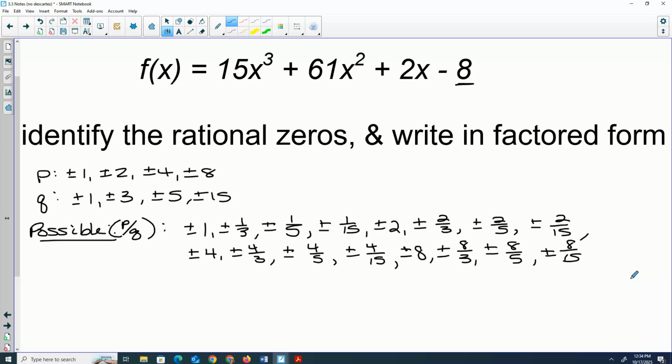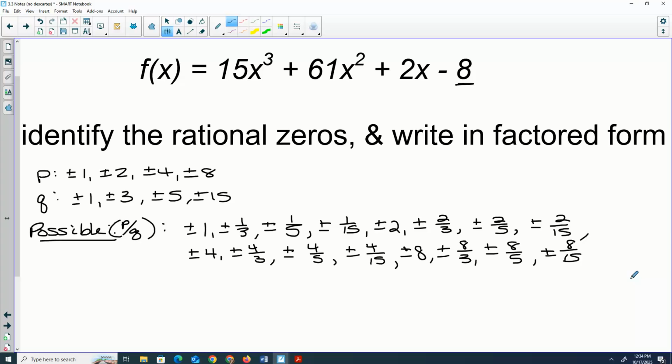Do you think we're going to have a positive or a negative zero? Probably a negative one. If all of our signs are positive, we probably are going to have to plug in a negative number to get a 0 somewhere. Does that mean a positive 1 won't work? No. But if I'm trying to pick a place to start, I would probably put in my negative numbers first. So I'd probably try -1, -2, -4, -8.